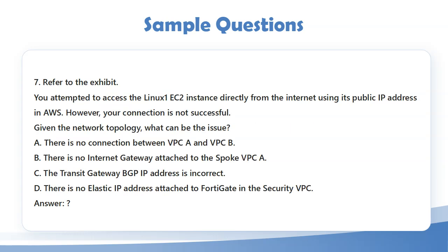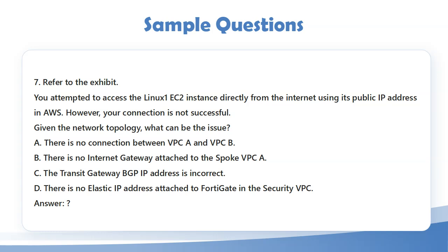7. Refer to the exhibit. You attempted to access the Linux EC2 instance directly from the Internet using its public IP address in AWS. However, your connection is not successful. Given the network topology, what can be the issue?